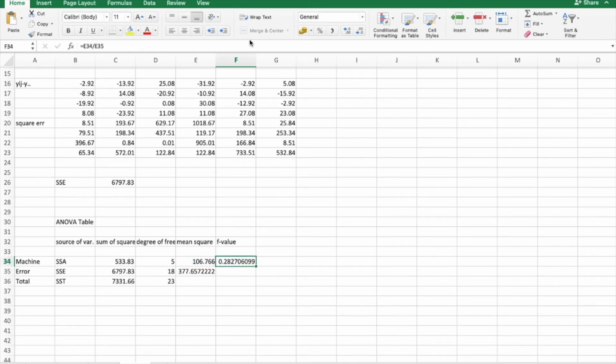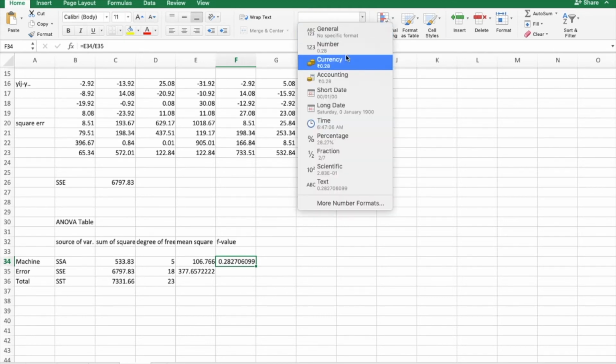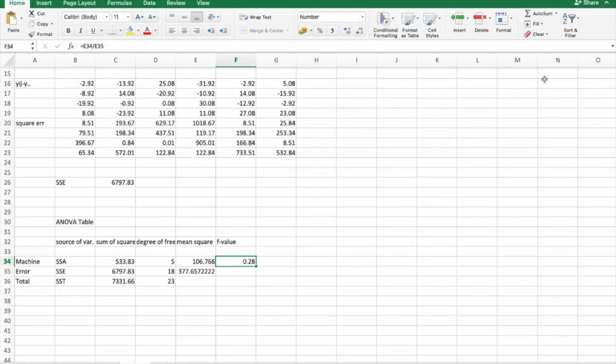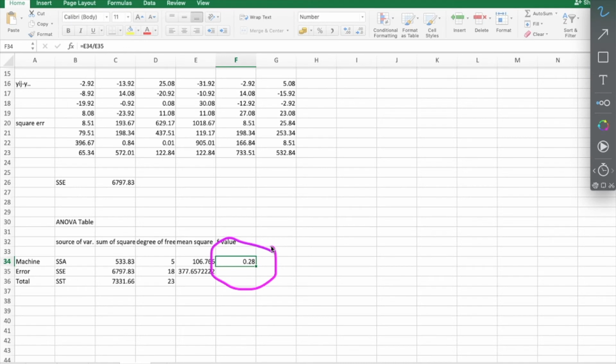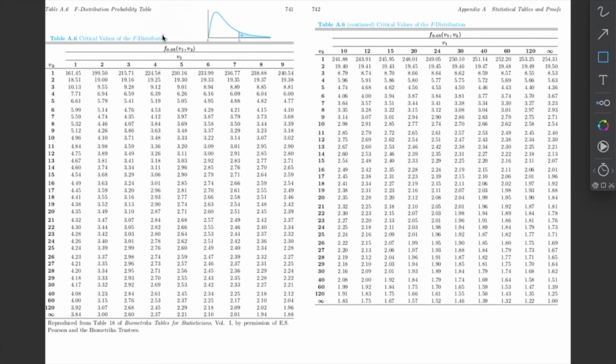Now this is your F value. Now we have to see whether this F value, which is a calculated F value, is less than or higher than the tabulated one. Now see the F distribution table for the value of alpha as 0.05, where nu 1 is the degrees of freedom for the treatment, which is 5.